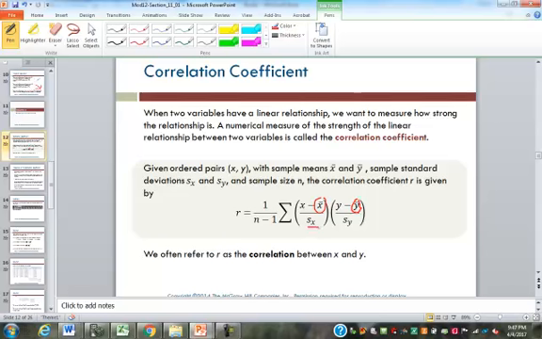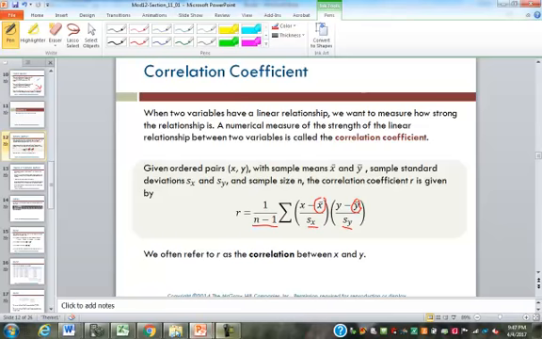And then Sx is the standard deviation of the x values, and Sy is the standard deviation of the y values. So we have to apply it into this formula. For each value of x, we do the value minus the mean for x divided by the standard deviation, with its matching value for y, minus the mean for y divided by the standard deviation. We add all those values up, and it's 1 over n minus 1. There were 8 numbers here, so n is 8. N minus 1 would be 7.